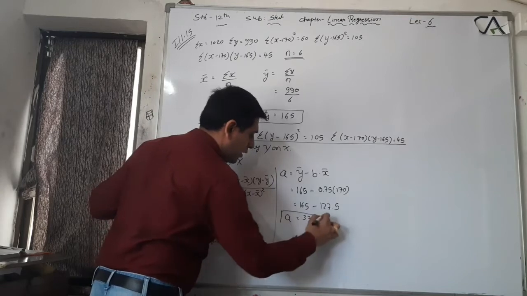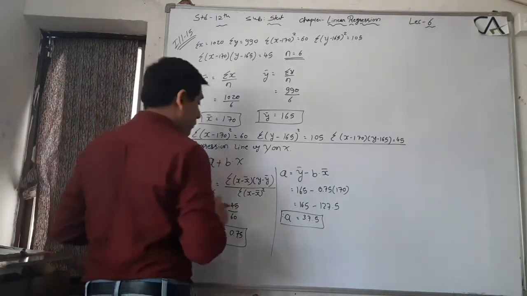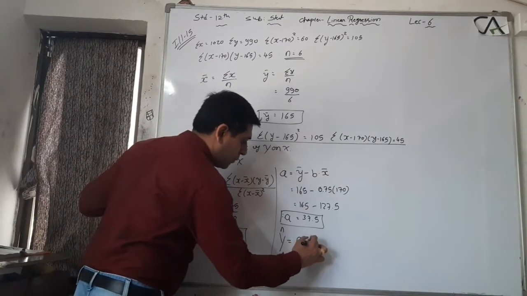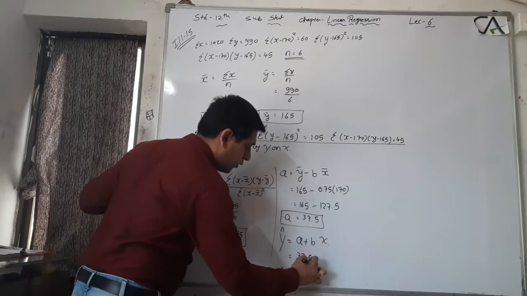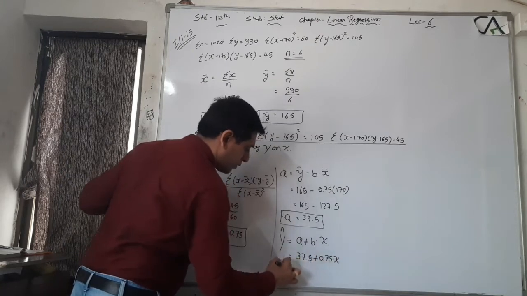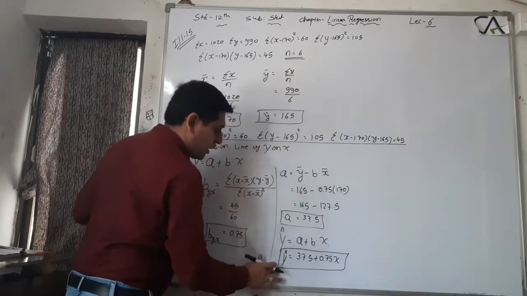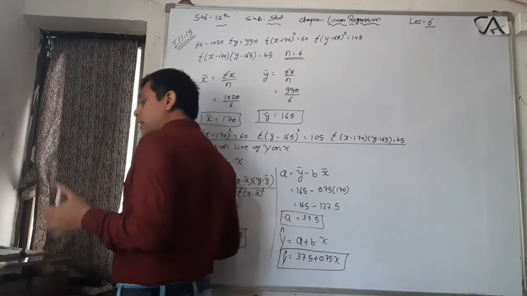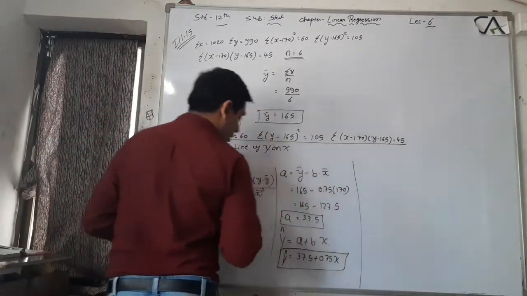Therefore your a is equal to 37.5. Now the regression line y cap is equal to a plus bx, that is 37.5 plus 0.75x. This is your first answer, right? What is your first question? Obtain the regression line of y on x. This is the regression line of y on x.